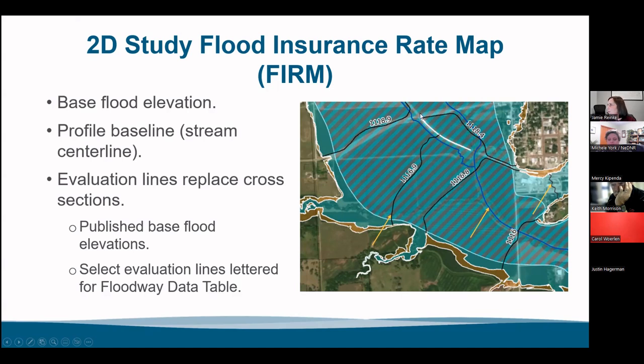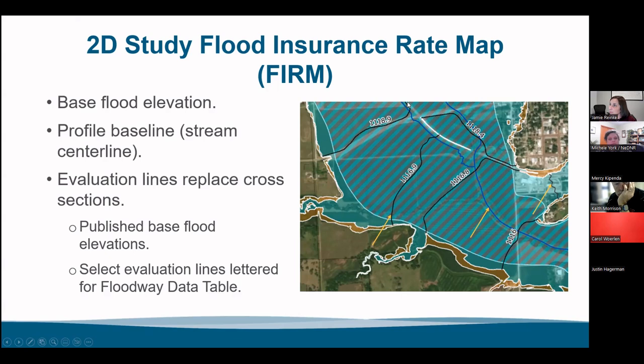You still will have your profile baseline. And in this study, there were 2 flow lines that are coming together, which was why it was selected as a 2D study to begin with, because there were some split flows happening, and the modeling result was much easier to get to with split flow than a 1D study would have been.